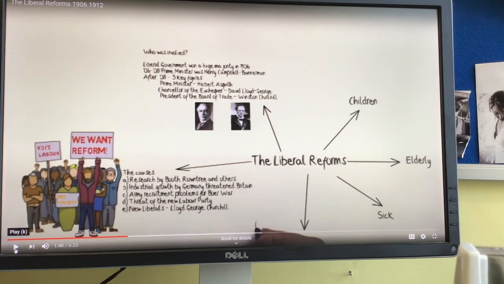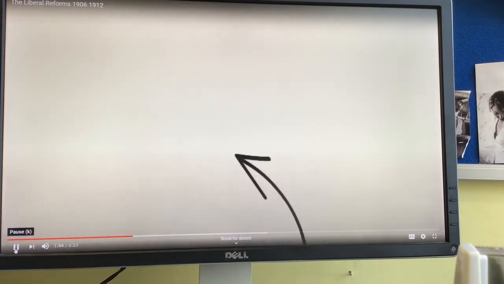Vulnerable children who aren't able to eat and their families can't afford to feed them. Vulnerable elderly within society who are dying young and life expectancy is quite low because they're not protected in later life. The sick, because we haven't got readily available vaccinations at the time and things are not being developed to make sure that people can prevent getting disease. And then the unemployed.